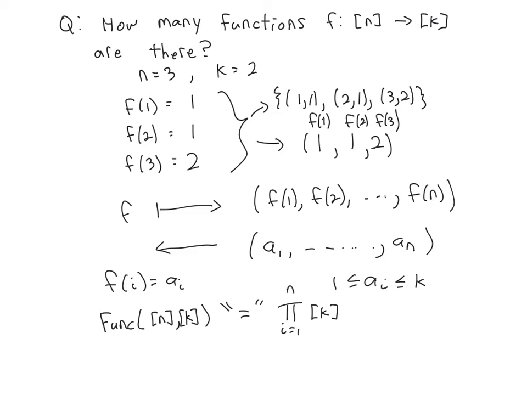That's essentially the same thing as picking the ith coordinate. And as we already know from the product principle, we already know how to solve this problem. We see that the number of functions from n to k is actually just k to the n. Multiplying k by itself n different times.